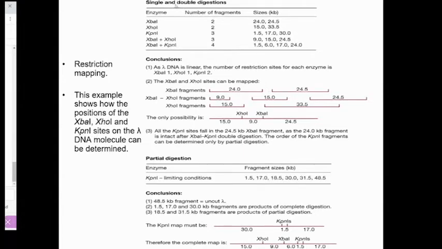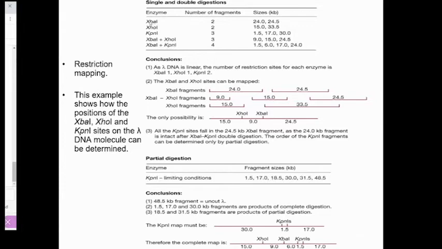Here we have single and double digestions for 3 different enzymes. These are the 3 enzymes that we use in this example. For XbaI single digestion, you produce 2 fragments. Let's say this is a linear DNA fragment.